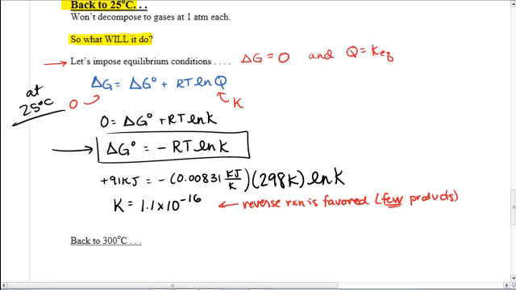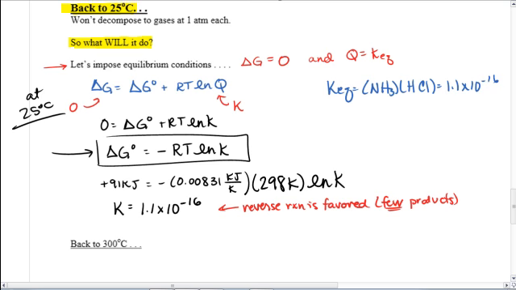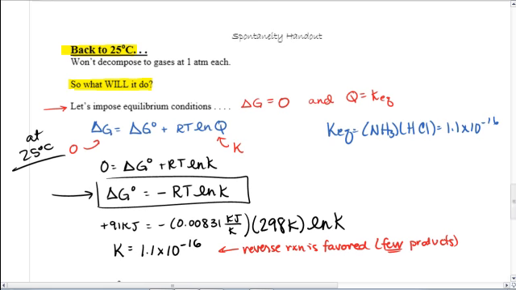All right, so we're going to use that then. We know our KEQ is equal to the partial pressure of ammonia times HCl, and now we know that's 1.1 times 10 to the minus 16. And since this reaction, which I'm just rewriting up here again, is breaking up into a 1-to-1 ratio of ammonia to HCl, then we know that the pressure of ammonia is going to be equal to the pressure of the HCl.